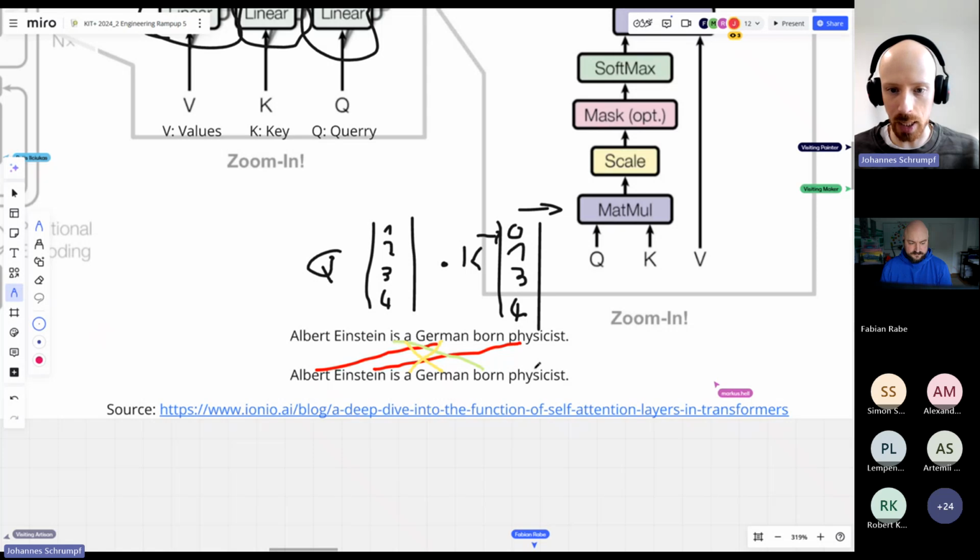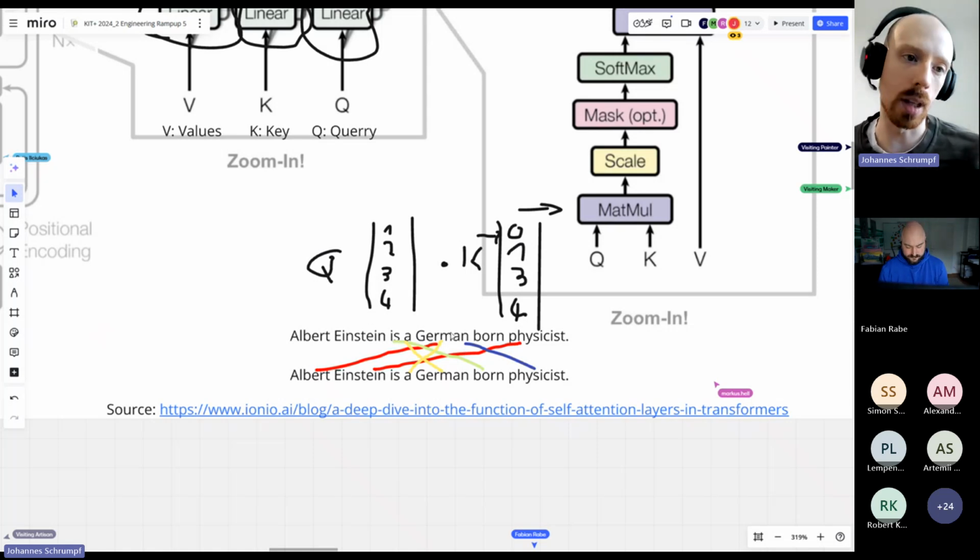Maybe physicist is related to German, because it's important to know the relationship between German and physicist. And this is all what this matrix multiplication does, in a mathematical way. It basically boils down to finding the importance of one word in the sequence to another word in the sequence.